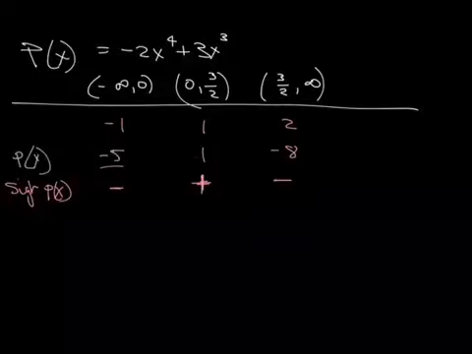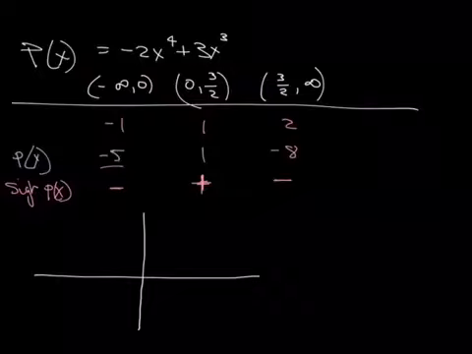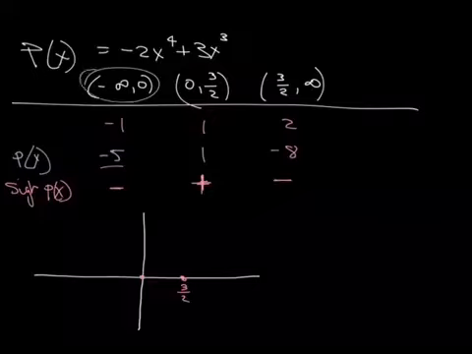Okay, so now what I have is a graph, and I don't want to get ahead of myself. Okay, so there's my graph, and I know that at 0 and at 3/2, I know that from negative infinity to 0, we're below the x-axis.